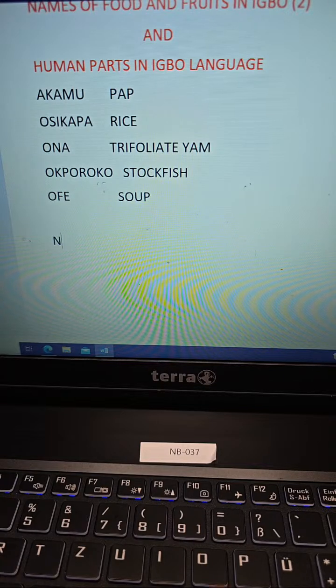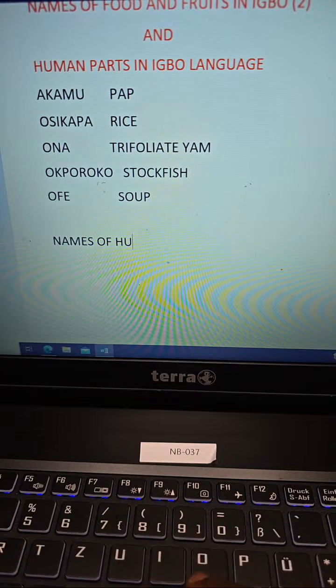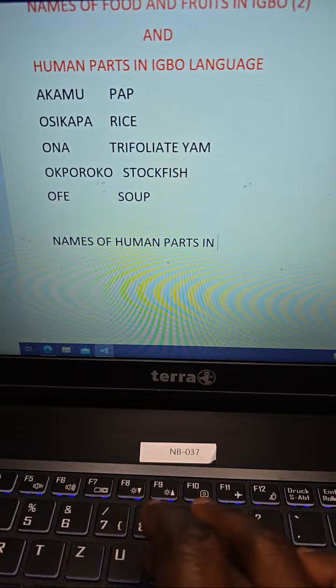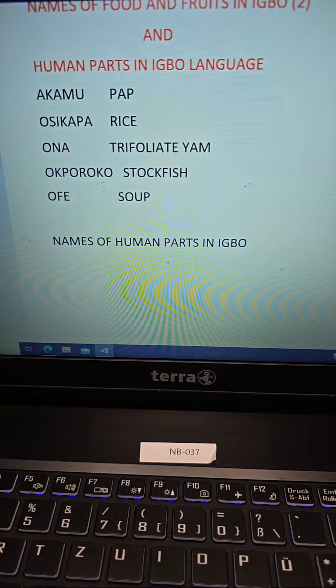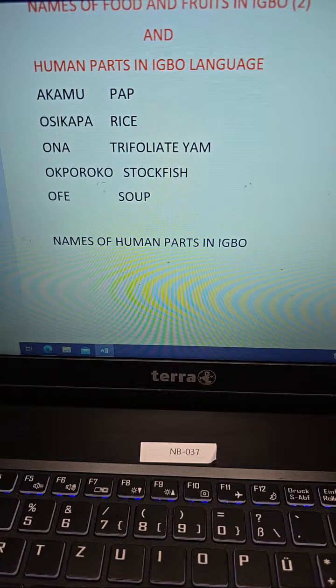Names of human parts in Igbo. Ihe a na-akpọ ọtụtụ ebe dị iche iche na-arụ mmadụ. Ihe a na-akpọ ya n'Igbo.